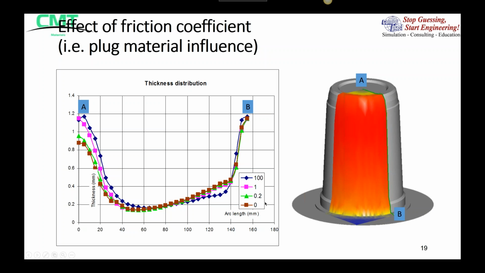Whereas if the material slides on that plug, it can stretch along that surface, and it gets thinner at point A than it was originally. And then you have the variation through the part. And of course, the plug design certainly affects what these results will look like.